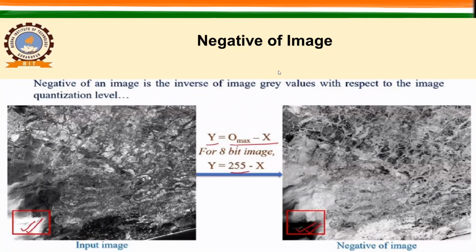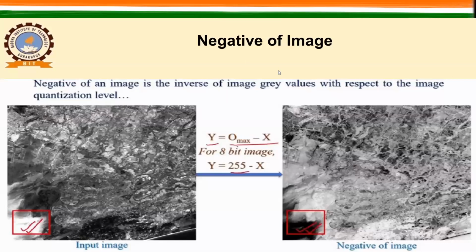The image quantization level is, if you have 8-bit data, then you will use 255 or 256 as your higher value. Here O max minus x is equal to y, and O max is 255 when you are having 8-bit data.